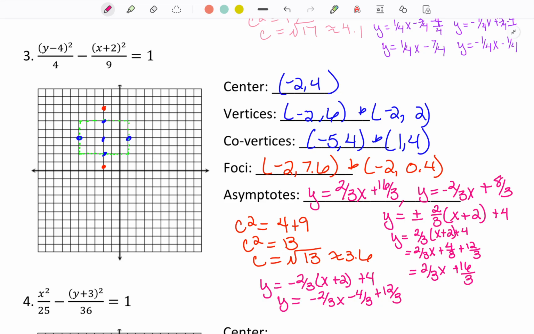So again, we have y-intercepts that are just ugly, but you can use that slope and go up 2 over 3, up 2 over 3, up 2 over 3 from your center. And we have our line, and then we go down 2 over 3.